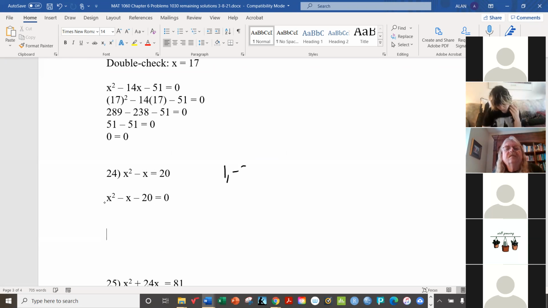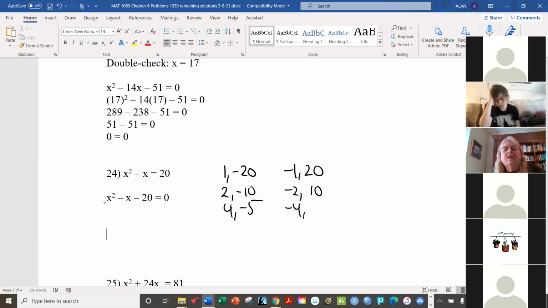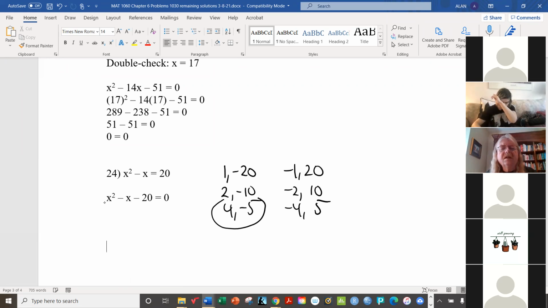Let's try a few. When we find the ones that we need, we can stop. We don't have to write out every single pair of factors that gives us negative 20, but just to make sure, you might want to run through them all. When we're done, you can see this is the only pair that works because the product is negative 20, but the sum is negative 1.